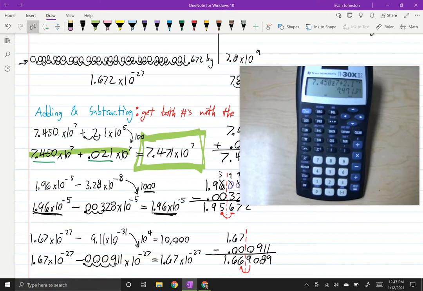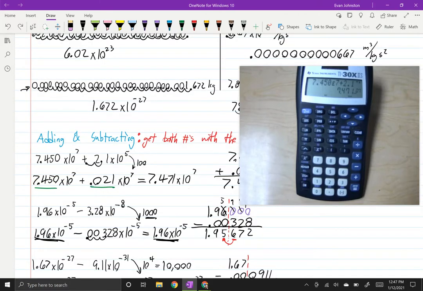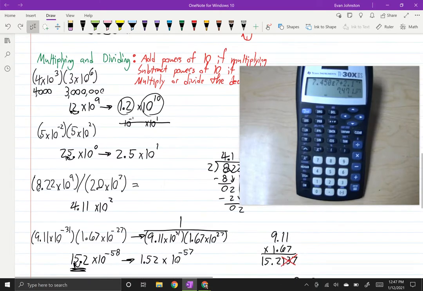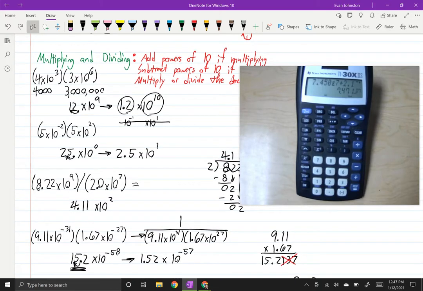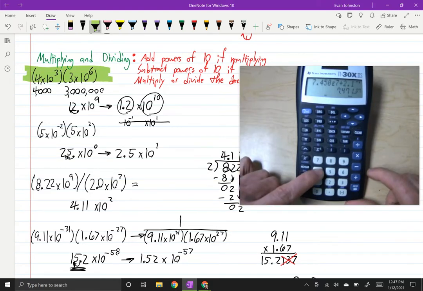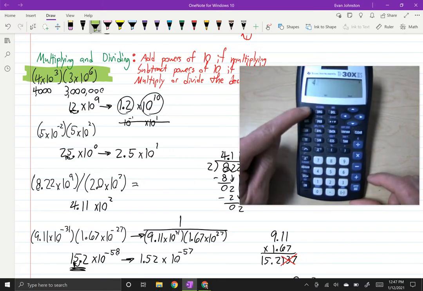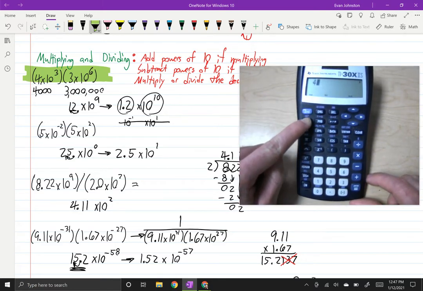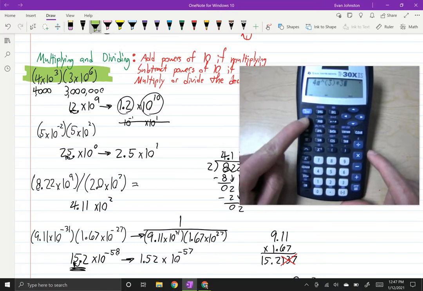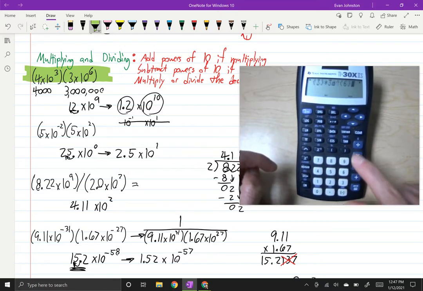Now, when it gets to multiplying and dividing, it's pretty similar. Let's do two of these. Let's do this first one: 4 times 10 to the 3rd multiplied by 3 times 10 to the 6th. Well, 4, and if you want to do it the other way, second, hit the log, times 10 to the 3rd, but now I have to close the parentheses, times 3 log times 10 to the 6th.